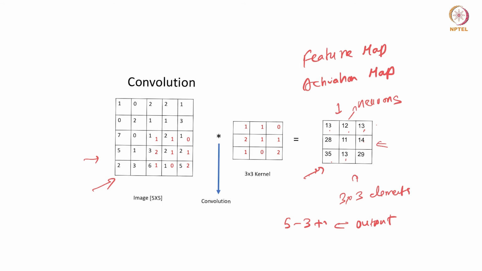So that spatial location information has to be maintained, and one way to maintain that is to put them in a grid. So the intermediate layers are in the form of grids also, and you can define as many filter kernels as you want, and correspondingly as many output maps will be generated.